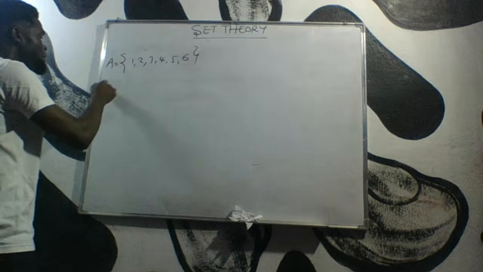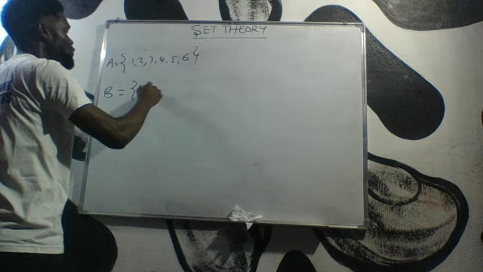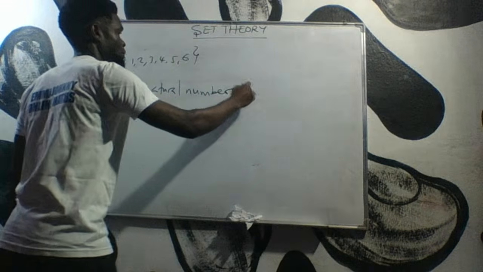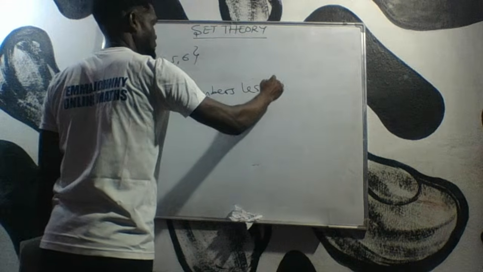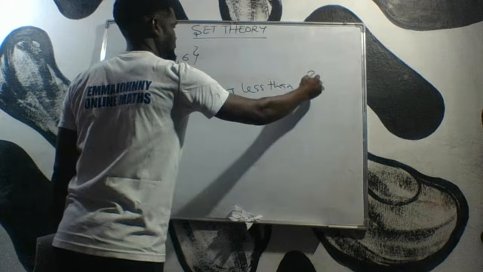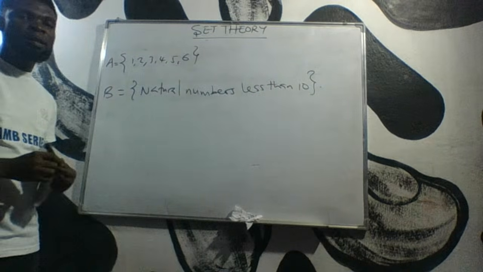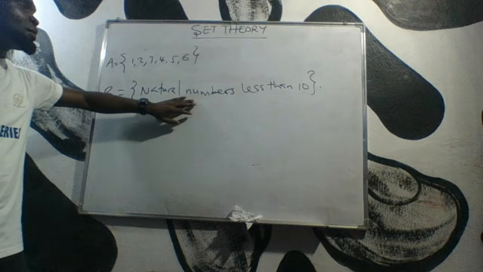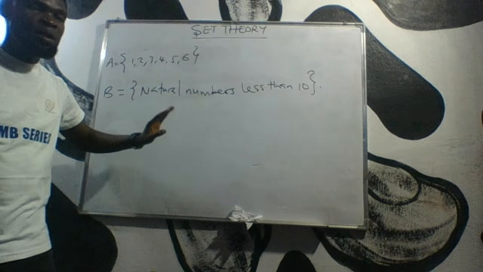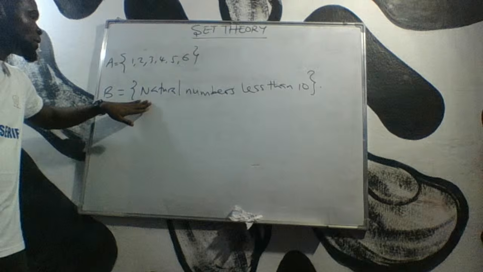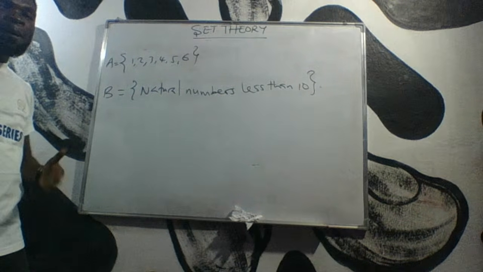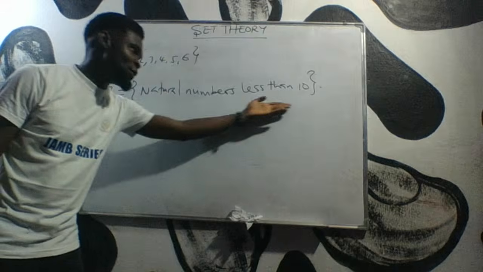But if I say that set B is a set of natural numbers less than 10, at this point, this set is in set builder's form. Now, you have to transform this set from set builder's form to listed form by listing the elements of this set.